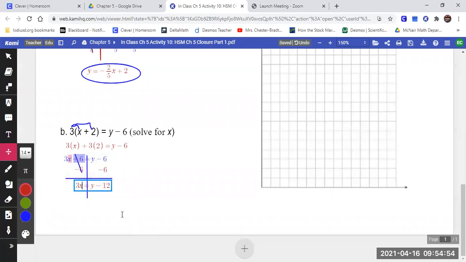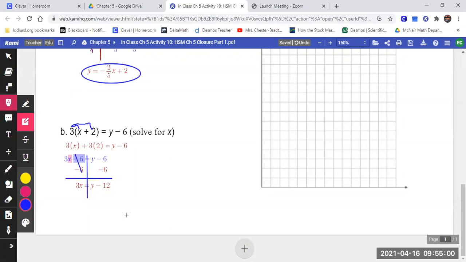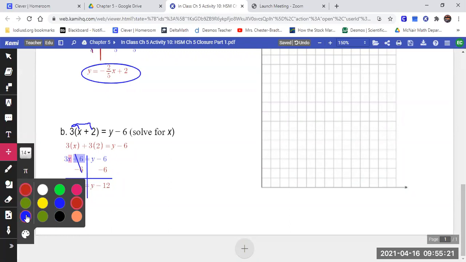Is our target letter fully alone? Because our target letter is this x right here, right? Is it all by itself? No. What do we need to do to make it all by itself? We have to get the 3 out of there from all pieces, right?